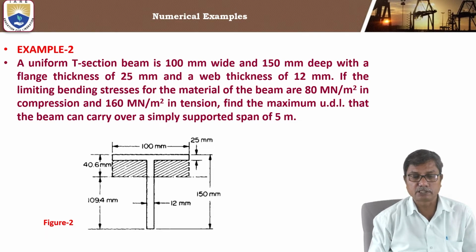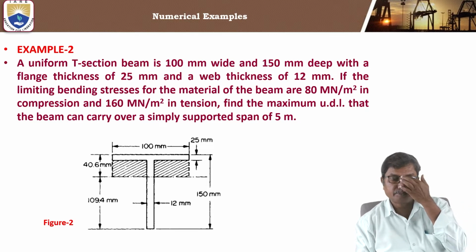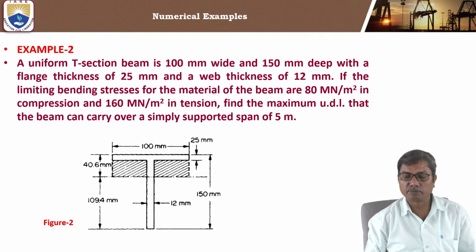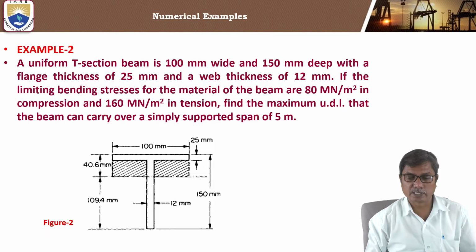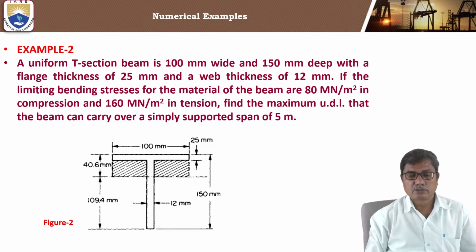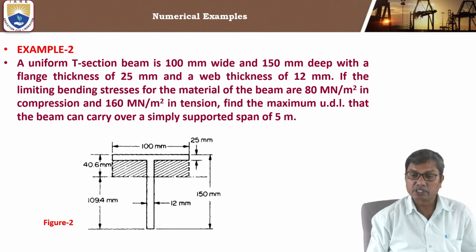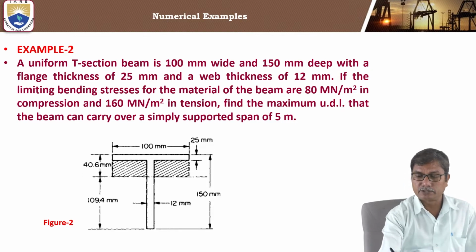If the limiting bending stresses for the material of the beam are 80 meganewton per meter square in compression and 160 meganewton per meter square in tension, so the limiting values of maximum stress are different in tension and compression. Find the maximum UDL that the beam can carry over a simply supported span of 5 meters.